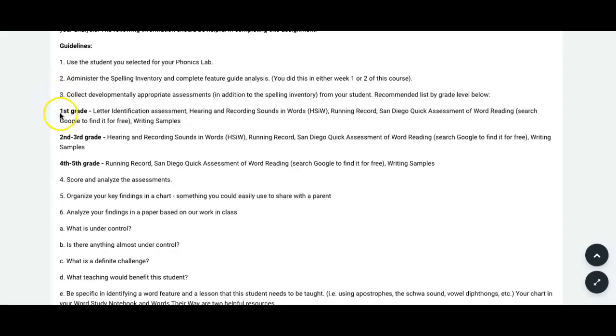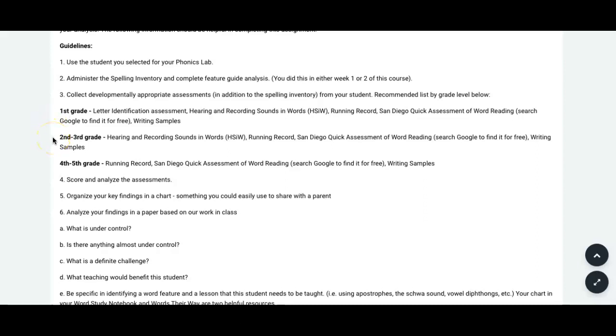If you were working with a first grader, you were to have given the letter ID assessment, hearing and recording sounds and words, a running record, the San Diego Quick Assessment of Word Reading, and also collecting writing samples. Those are going to be discussed and included.